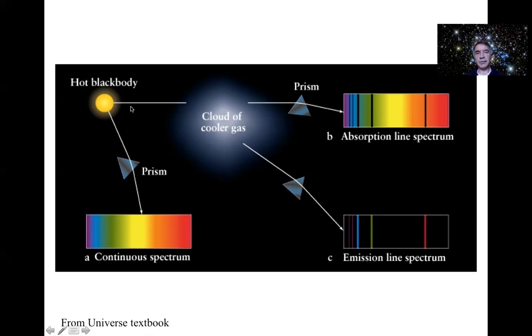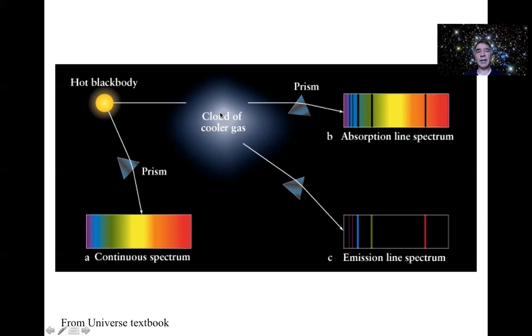Photons of particular wavelength will come in. If they're exactly the right wavelength, that corresponds to an energy level in one of the species in here, then that photon might get absorbed, and that photon will then be destroyed.